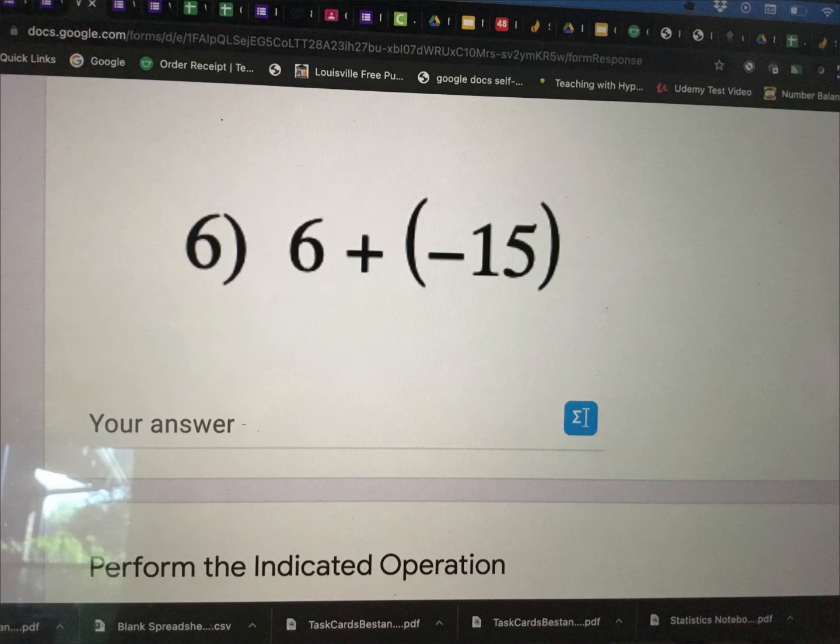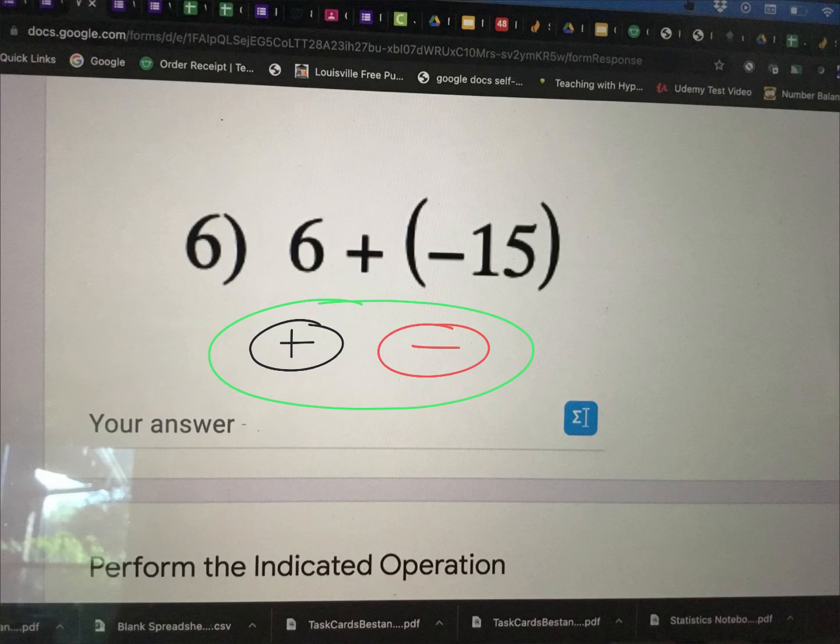In the next one, you are combining two numbers that are different signs. So sometimes it's helpful to think of it in terms of a model. Back when you guys were in middle school, you probably saw something like this, where you had positive chips, and then you had negative chips, and you were taught that when a positive and a negative get together, they cancel each other out.